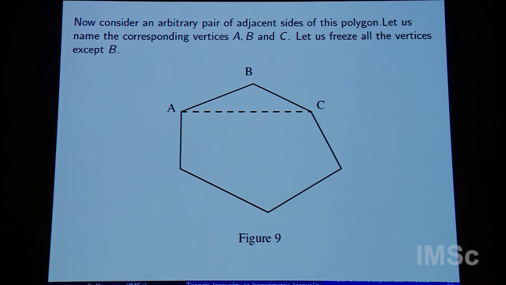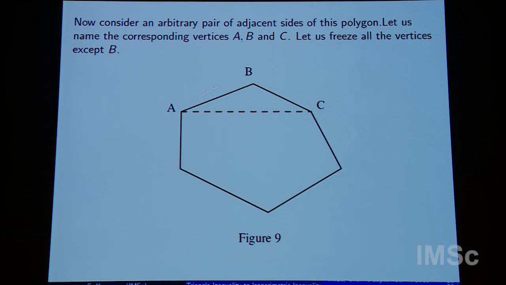So first of all, we take the optimal polygon and look at any arbitrary pair of sides here. Now I freeze all the other vertices and I allow B alone to move. And how will I allow it to move? I do not want the perimeter to change.